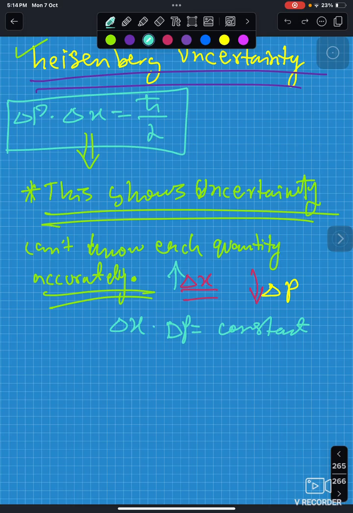They're inversely proportional to each other. Inversely proportional. Proportional. Okay, here.